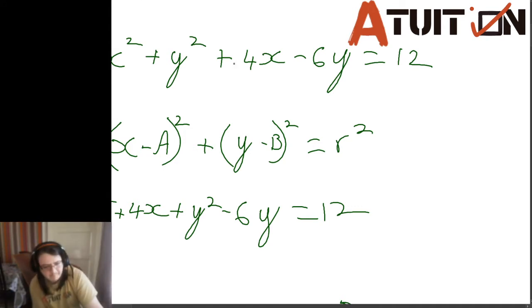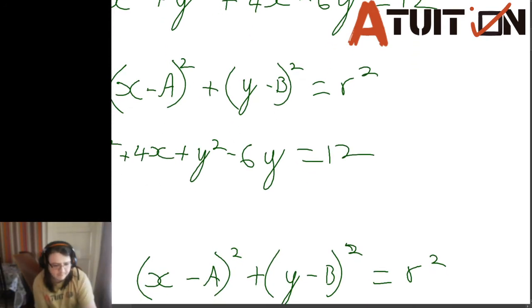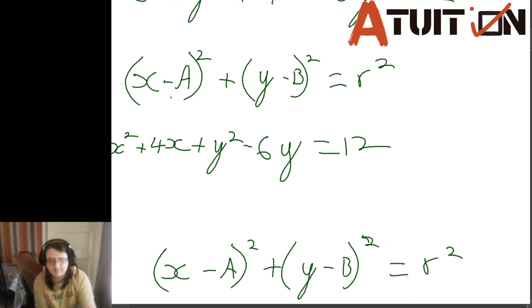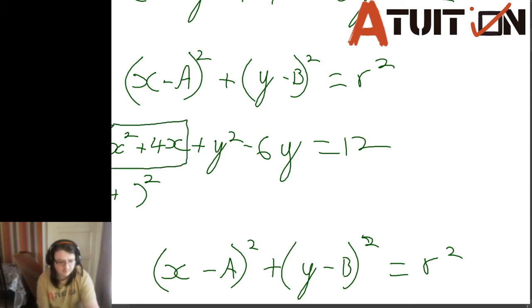Alright, so now that we've done that, we can complete the square for x. What that means is we're going to put it into this format. If we complete the square here, we need to put x plus something squared, and that's got to equal x squared plus 4x. Think about what this number could be, where if we multiplied out the brackets we would end up with x squared plus 4x.